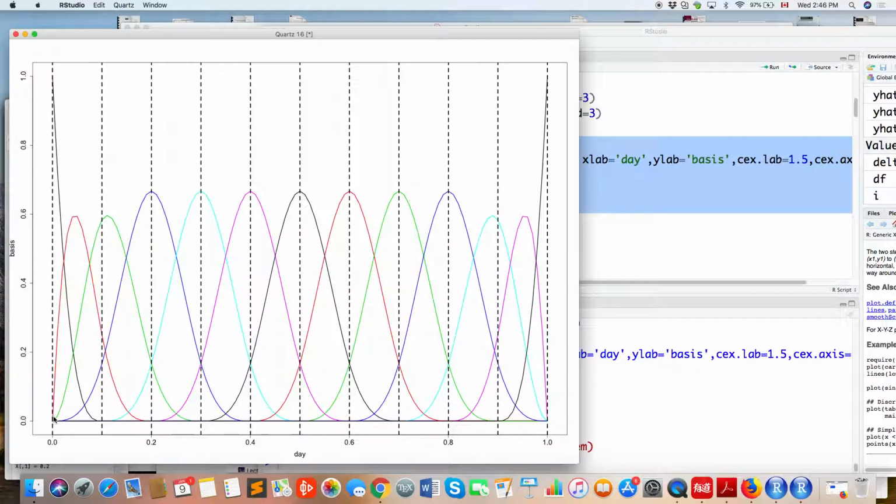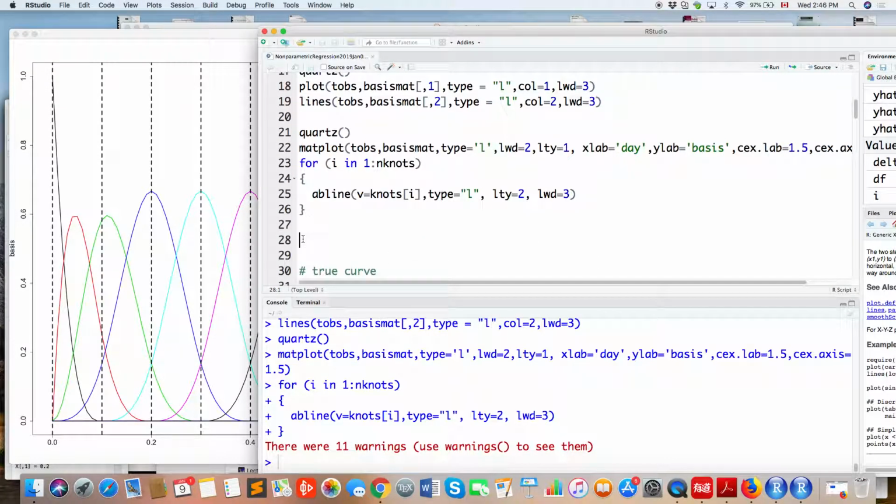For example, if we want the function x of t to equal 1 when t equals 0, this is actually a common constraint. So if we want x0 equal to 1, what can we do?